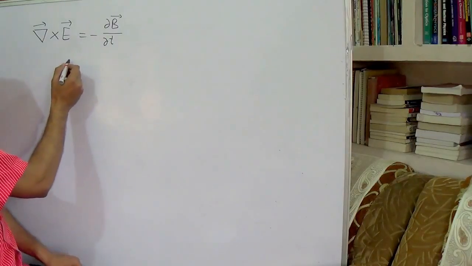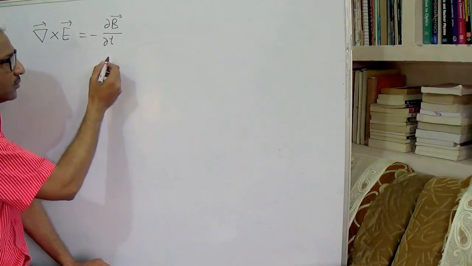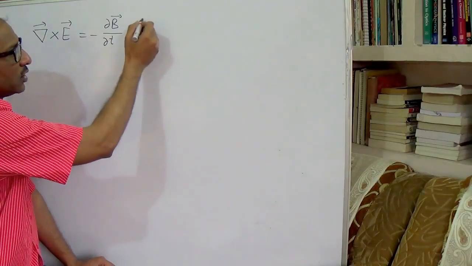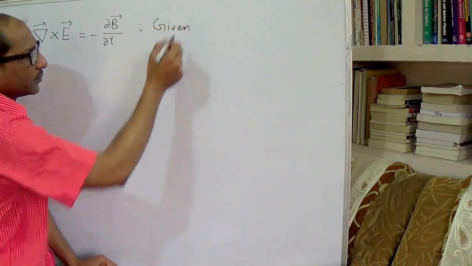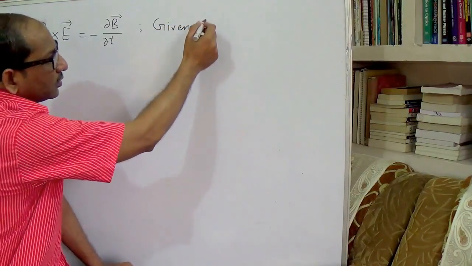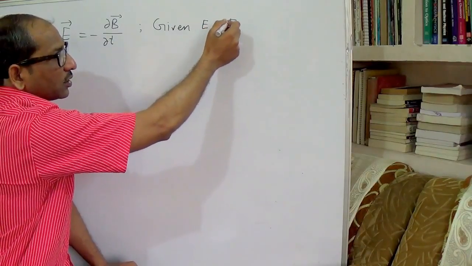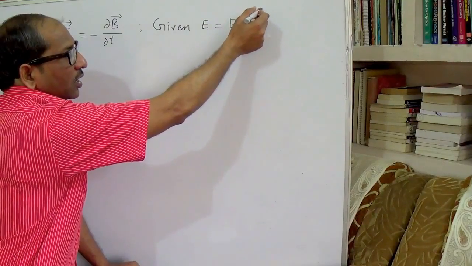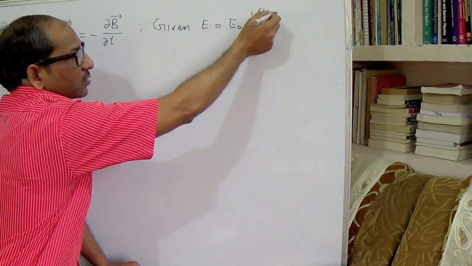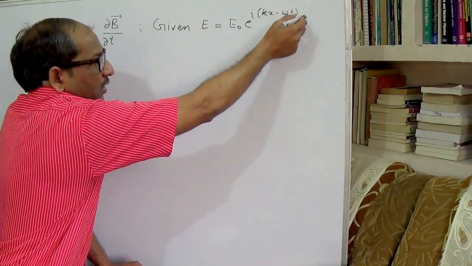Now suppose E is given. E is equal to E naught exponential of iota (kx minus omega t), with the unit vector j.